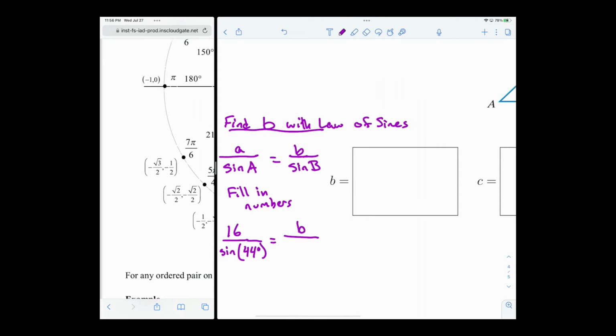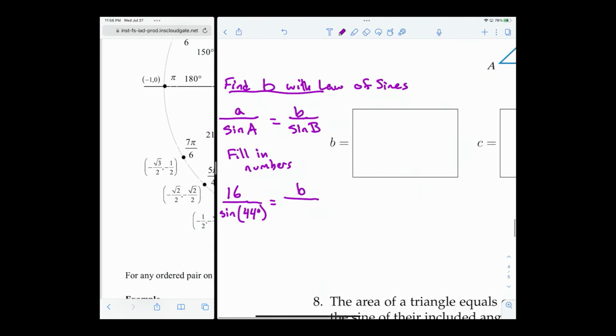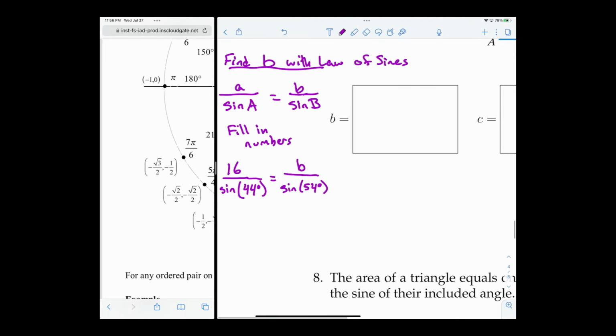Little b, we don't know, so we just leave it little b. And then big B is 54. Okay? So this is what the law of sines tells us.